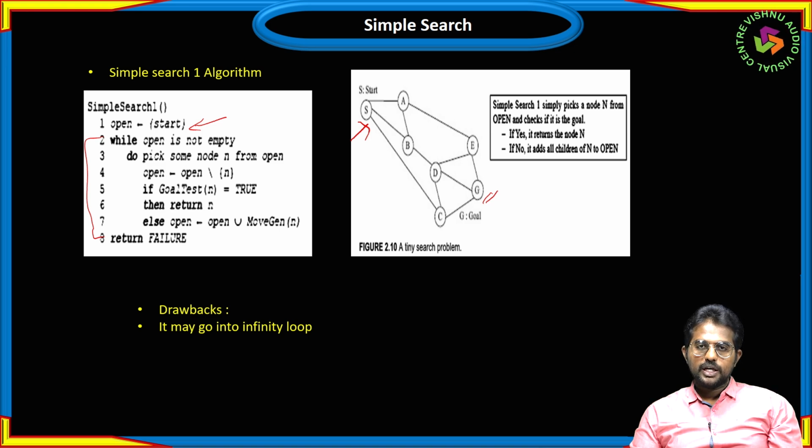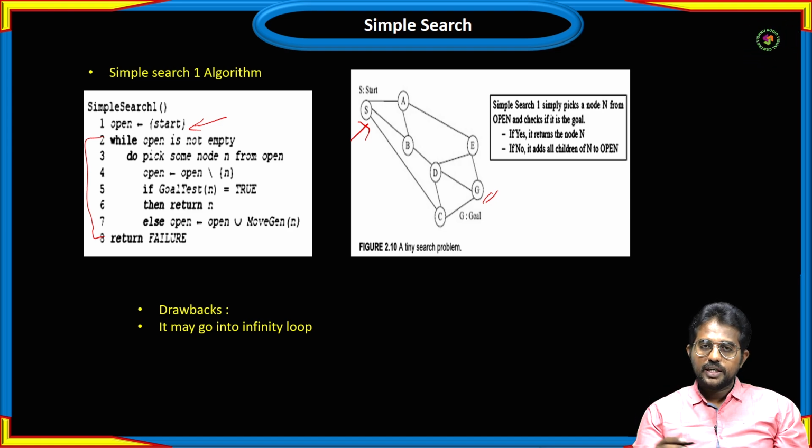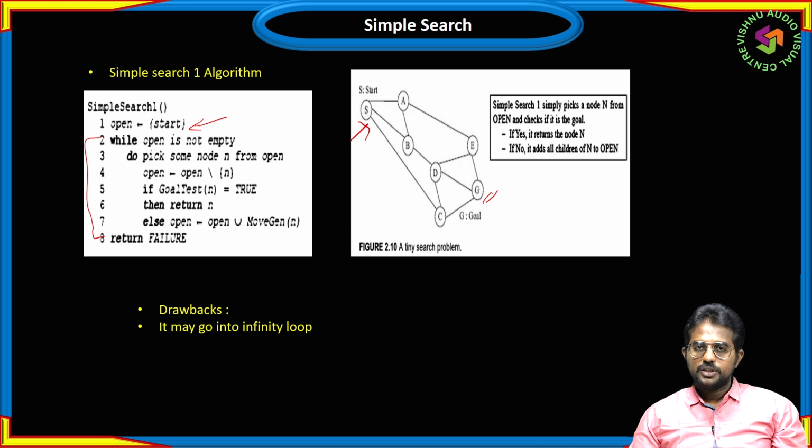If the goal test condition is true, we return that node, the node that passed the goal test function. When the goal test function fails, we explore all the successors of that particular node. The node can be anything. In this example, S is the starting node and G is the goal node.